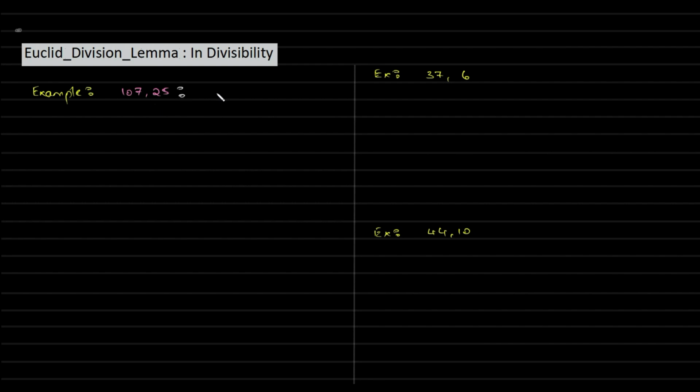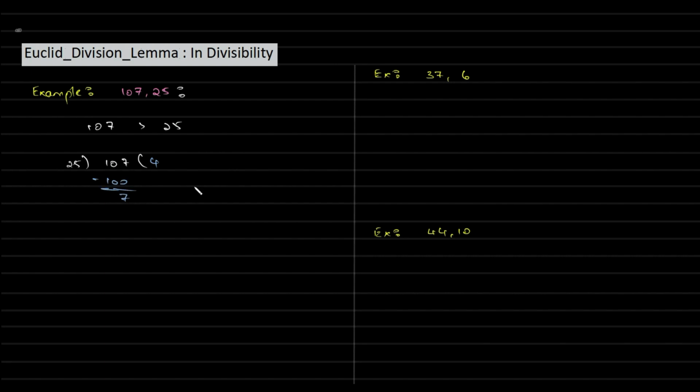So let's start off with looking at 107 and 25. As 107 is greater than 25, I can always write these two numbers as the following. First I'll divide. So this goes by 4 and then the remainder is 7.